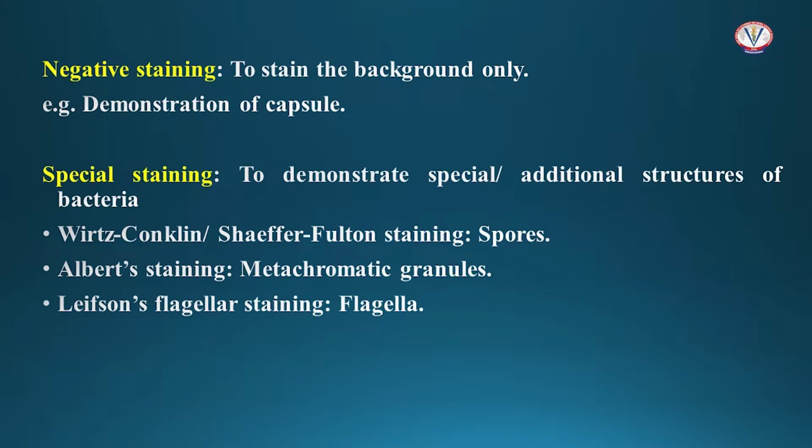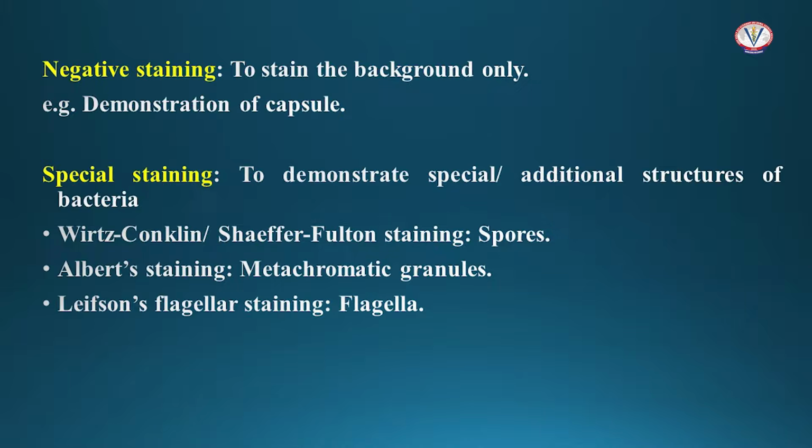Then the third category is negative staining, in which the structure you want to see does not take the stain and only the background is stained. The best example is to stain the capsule by nigrosin or India ink method.